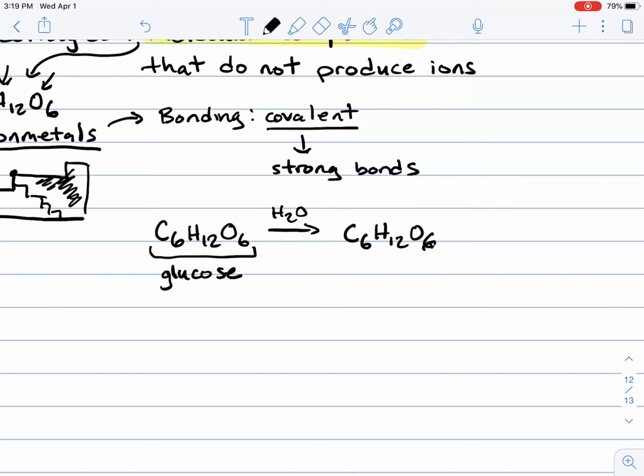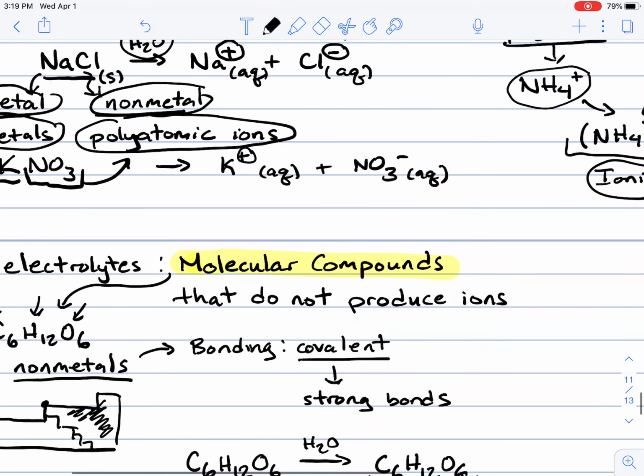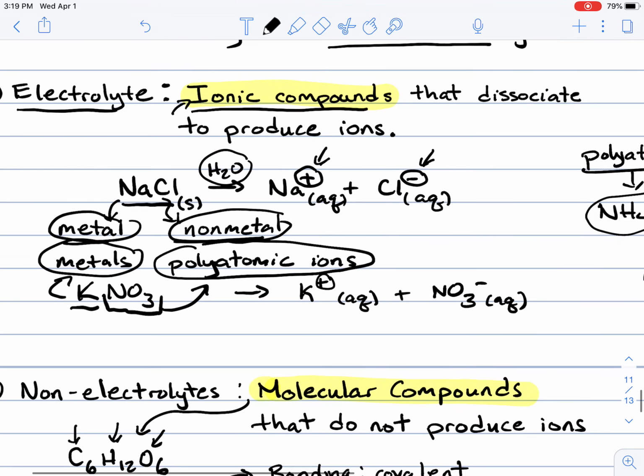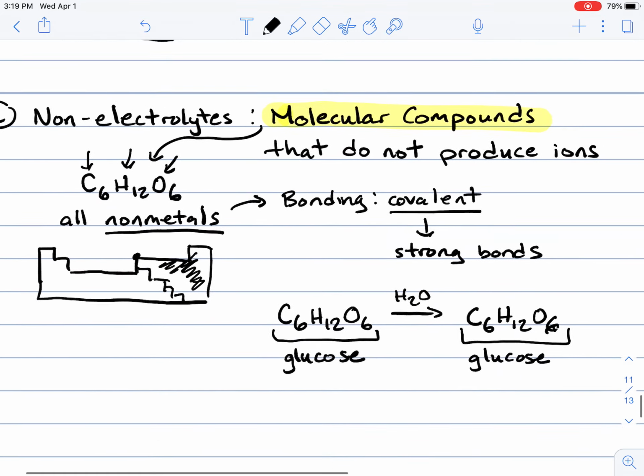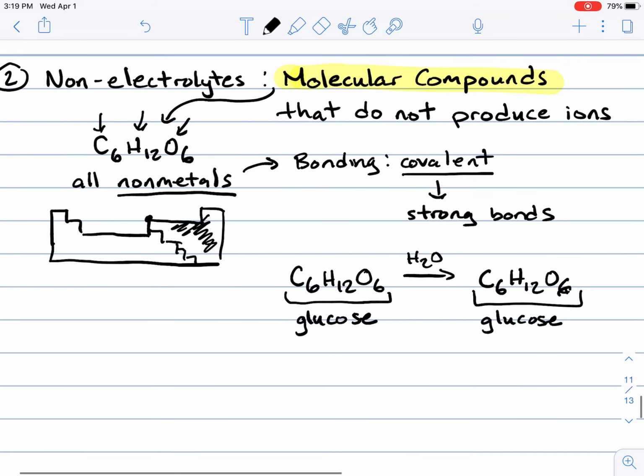Notice that the reactant is the same as the product. Unlike ionic compounds, if you look at the reactant, here we have sodium chloride, and then the product is a separation of Na and Cl.